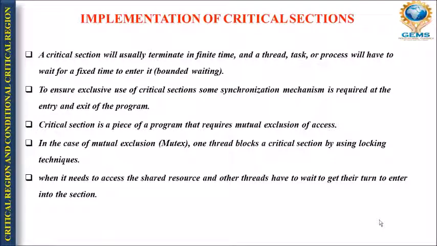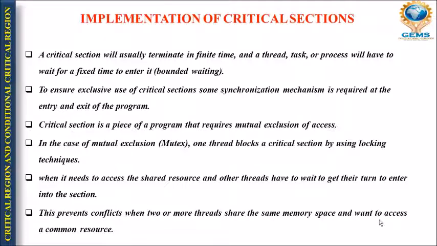That means if one process has already acquired the critical section, then the other processes or threads will wait for some time. This prevents the conflict when two or more threads are sharing the same memory space. We do this because basically it will stop the conflict between processes when they are using the same workspace or address space of the memory.